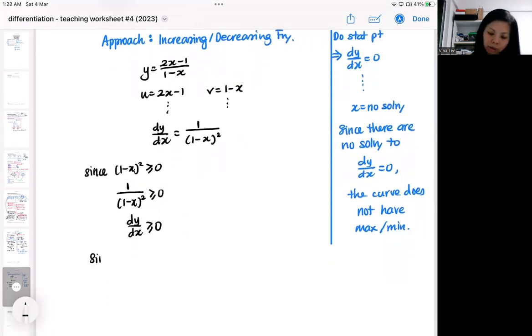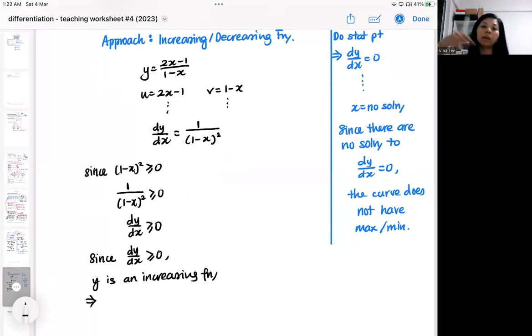So since dy dx is always positive, then y is an increasing function. You cannot stop at the increasing function. You have to tell me the implication of an increasing function. Because it's always increasing, it does not have a maximum or minimum point. So that's my approach.